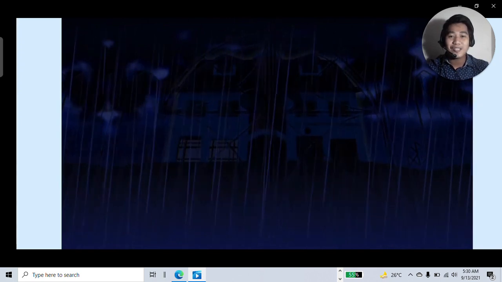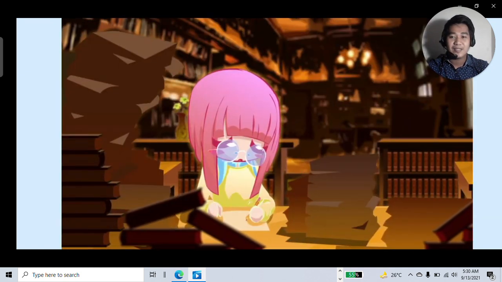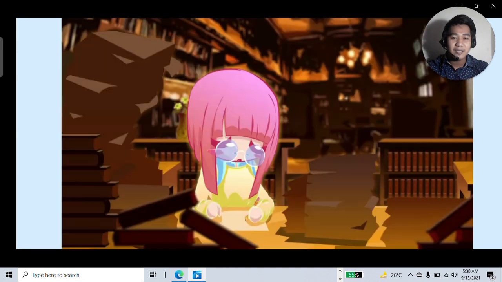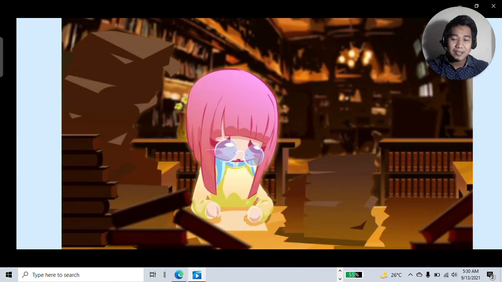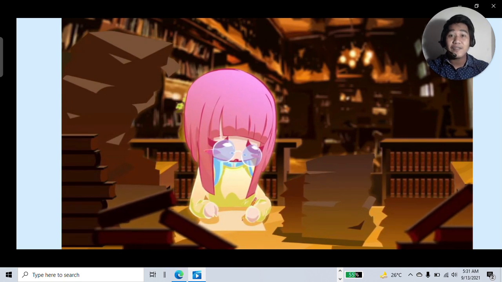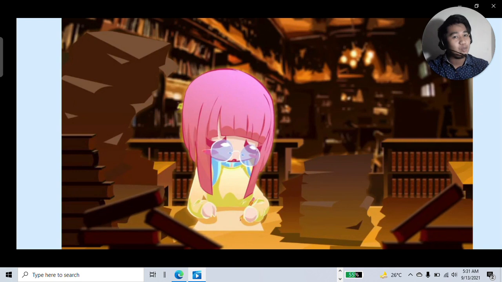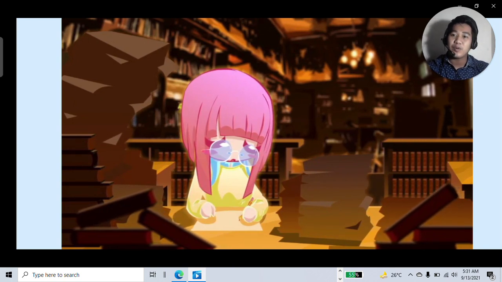It was a dark, stormy Friday night. As you can see, there's a little girl, and she is struggling. She's having difficulty determining which quadrant a certain point is located.